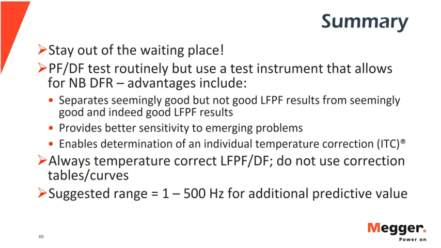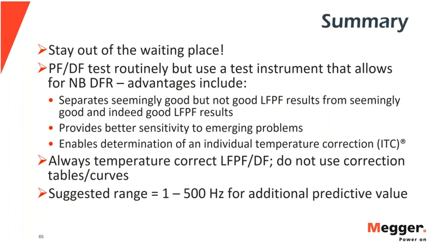It provides better sensitivity to a lot of emerging problems, and importantly, it enables determination of that individual temperature correction. So always temperature correct your line frequency power factor values, but don't use those correction tables because they are going to introduce error, and there are already enough variables that we're contending with when we do insulation diagnostics, so you don't want to be adding an additional one.